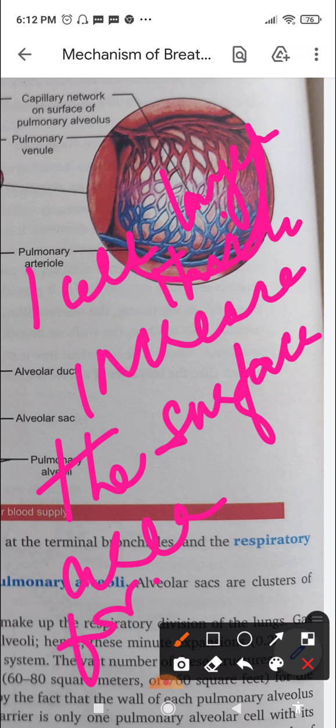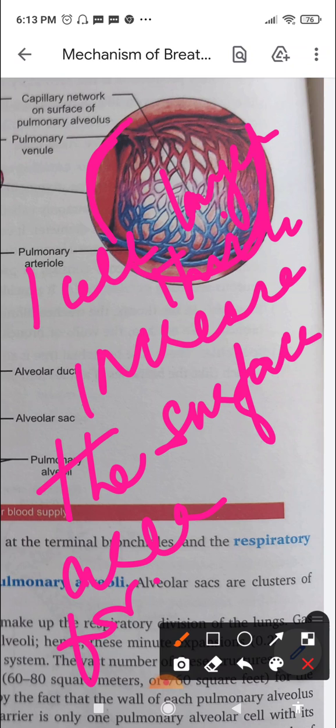The total air and blood barrier is the barrier between the air and the blood. It is only one pulmonary alveolar cell with its basement membrane and the blood capillary cell across, which is about 2 micrometers.